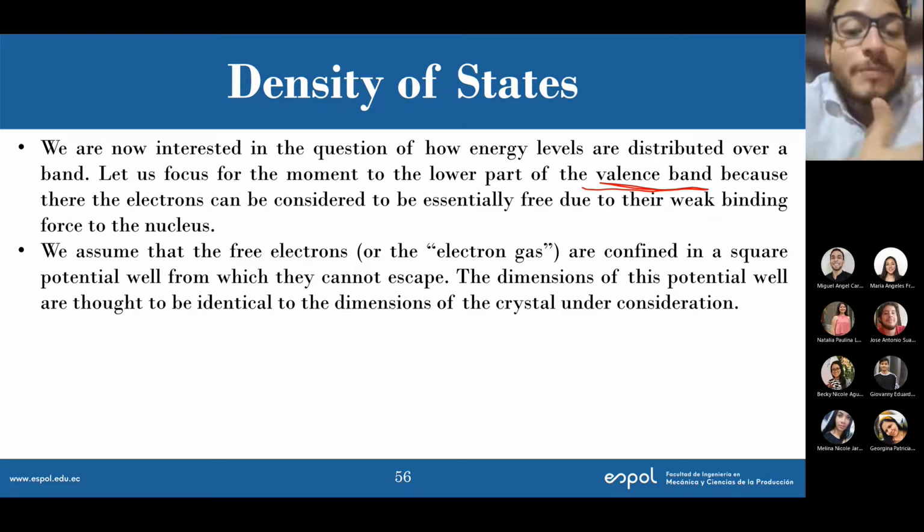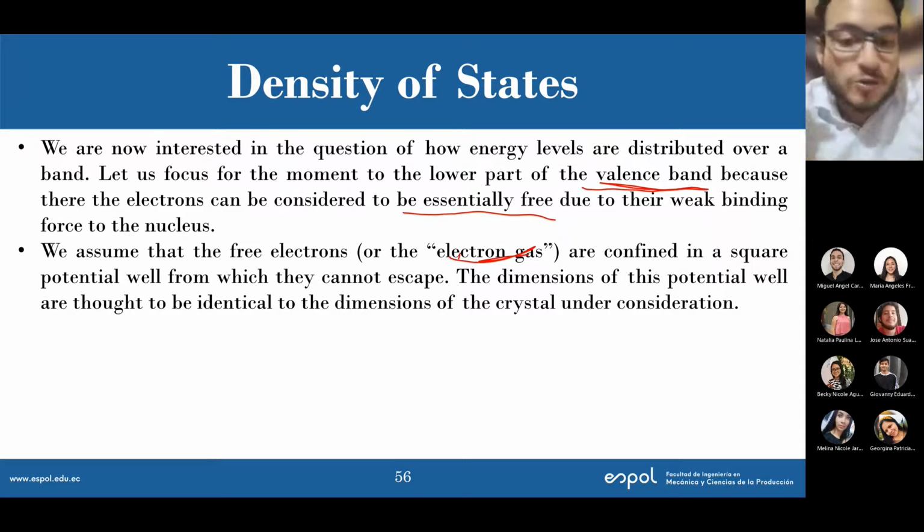In the valence band, remember, those are valence electrons, and valence electrons are far away from the nucleus. So when they're far away from the nucleus, they can be considered free. And so we can use the case of the free electron, the electron gas. Remember the first case we did.